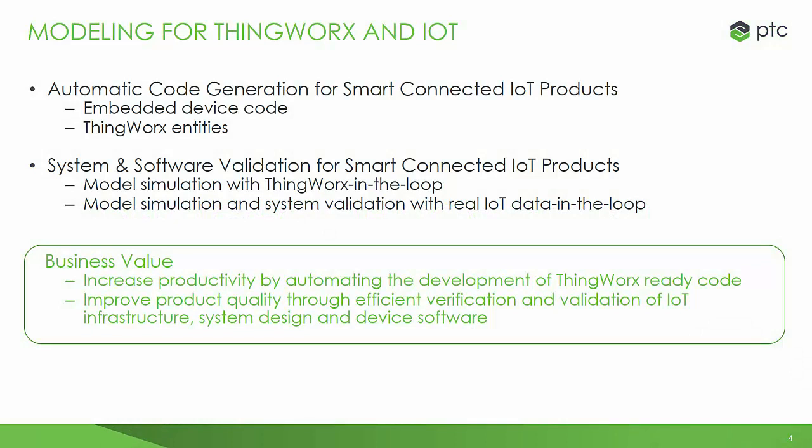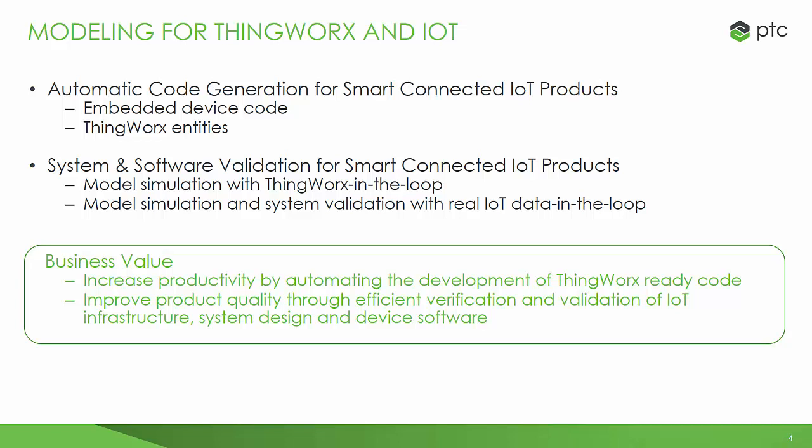There are two general areas that we focus on. Firstly, automatic code generation for both embedded devices and ThingWorx entities, and then secondly, simulation with ThingWorx in the loop to validate your system designs early on and your user interfaces.